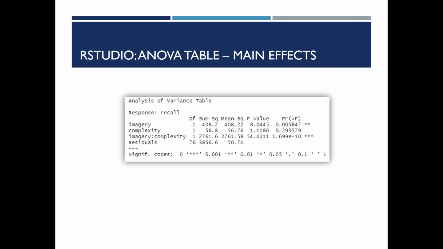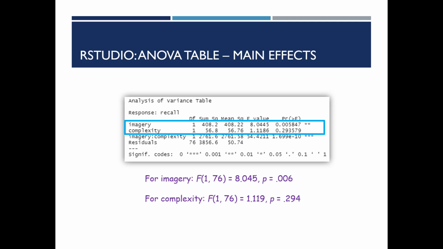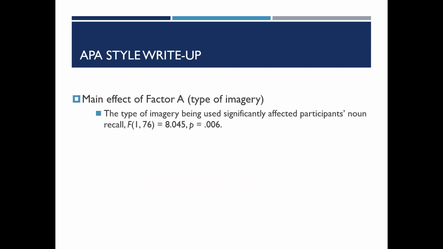Now let's talk about main effects. The main effects are listed here, and these are the specific effects of each factor. You might recall how to write up the F-statistic like this. Translated to APA-style writing, here's what it might look like.